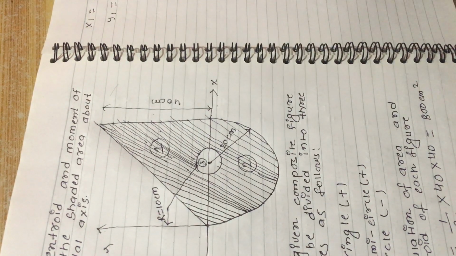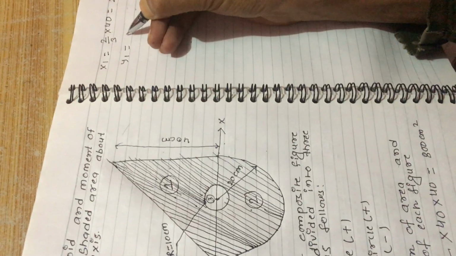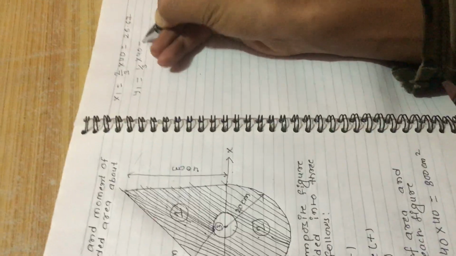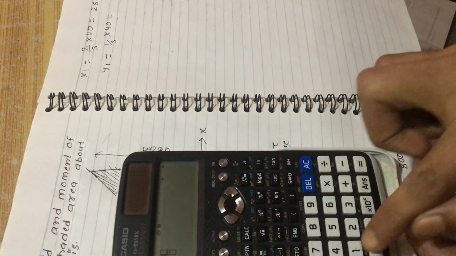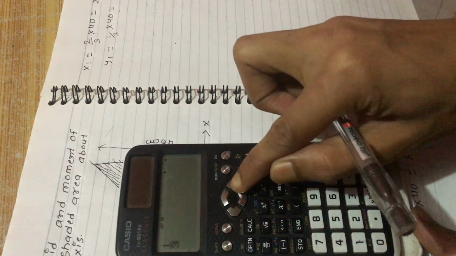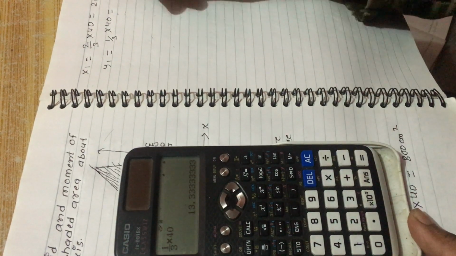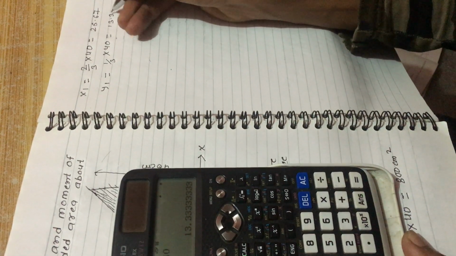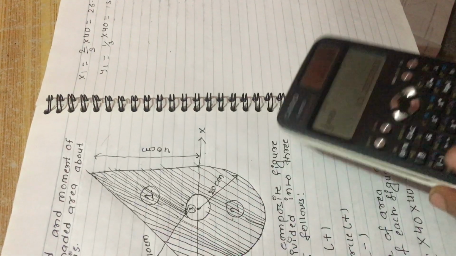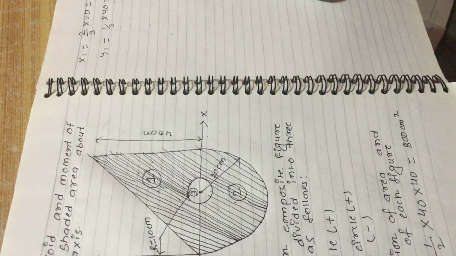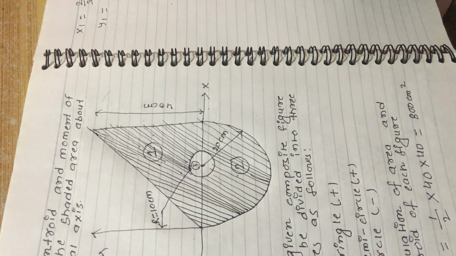If this is 40, then y1 is equal to 1 by 3 into 40 according to the formula of a right angle triangle. On calculating, 1 by 3 into 40 is equal to 13.33. Now next, let's analyze the second figure, that is the semicircle.